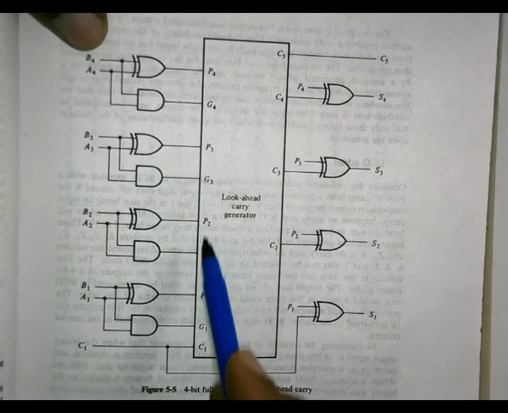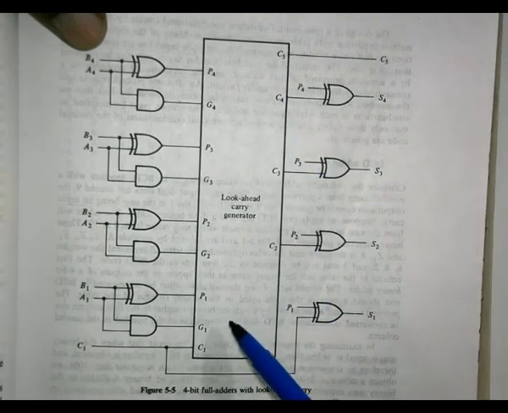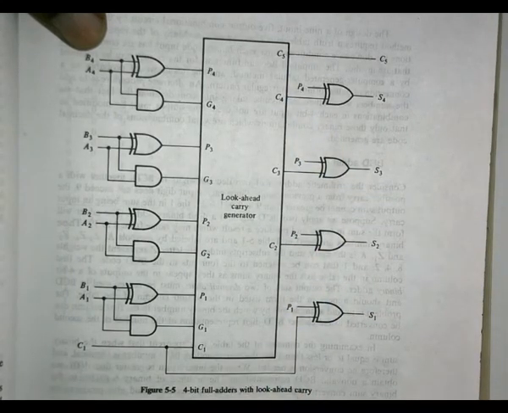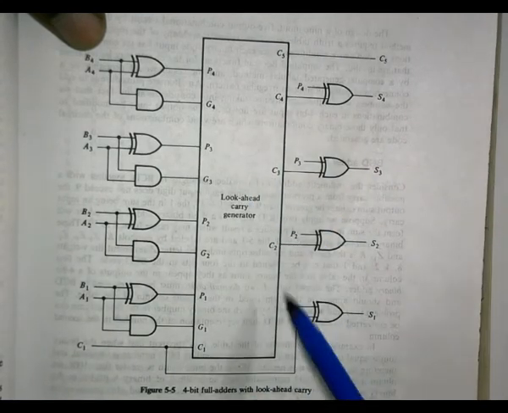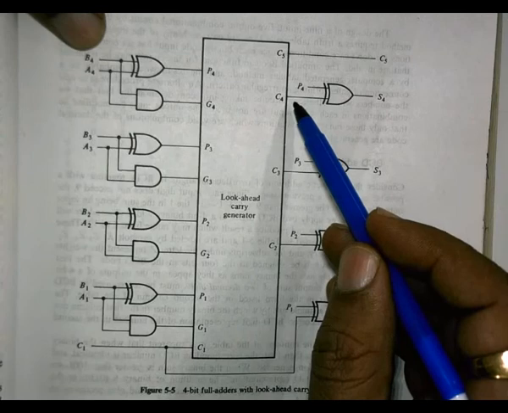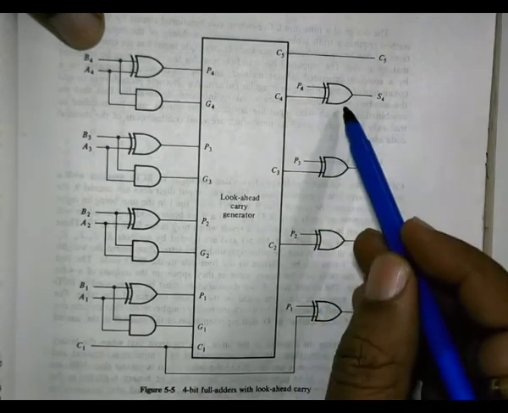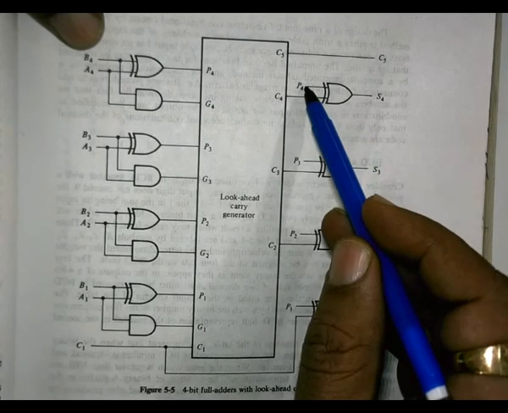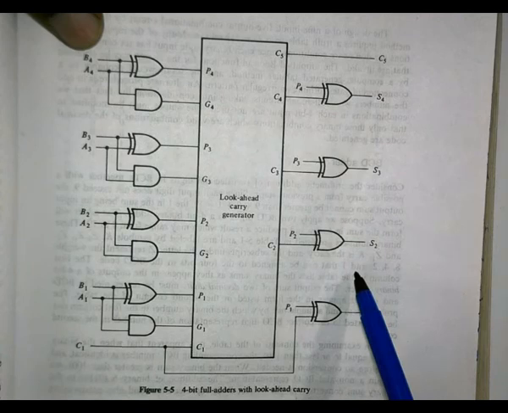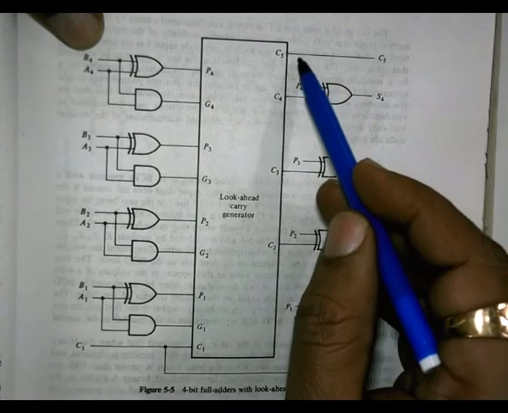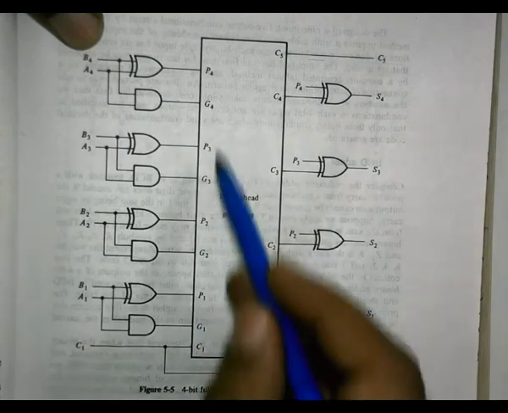Now this look ahead carry generator, the circuit that we have seen in our earlier view, generates the carry for different bit positions, and the carries for those bit positions are applied to the corresponding exclusive OR gate, and this propagate input and this carry make the final sum, and you get the final carry from here, from the carry generate unit itself.